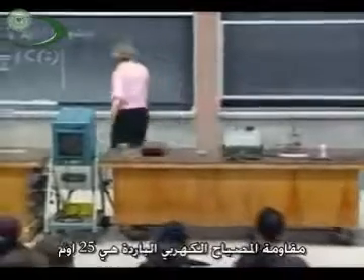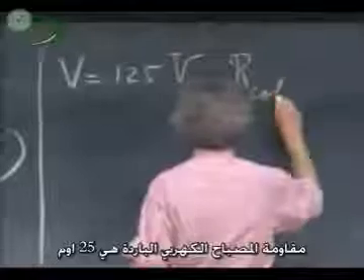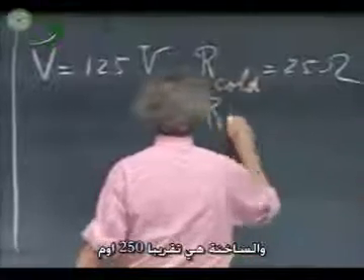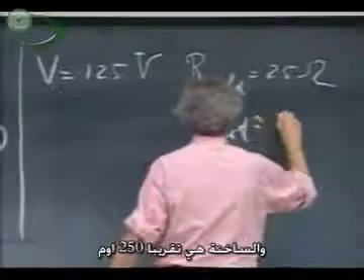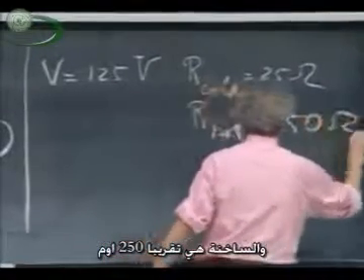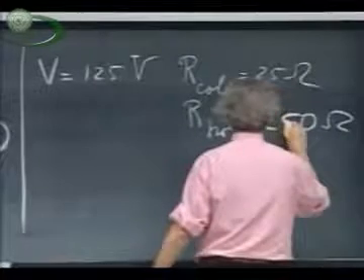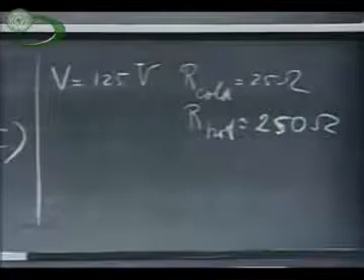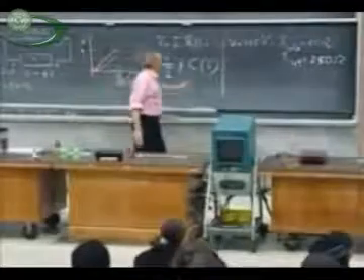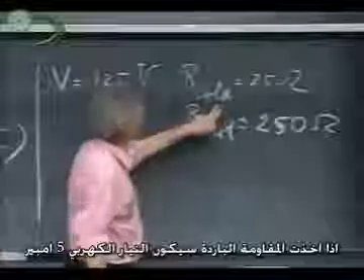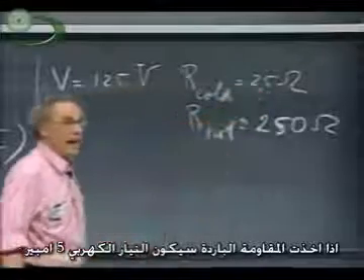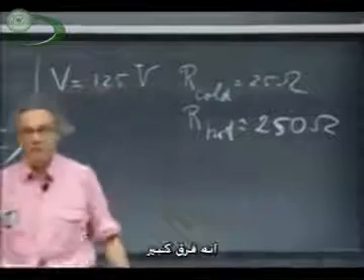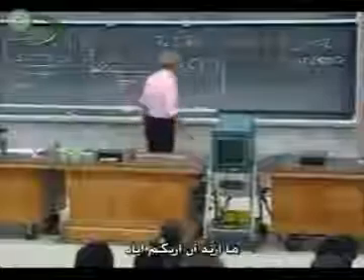The resistance of the light bulb, cold, I believe, is 25 ohms, and hot is about 250 ohms. A huge difference. So if I take the cold resistance, then I would get 5 amperes, but by the time the bulb is hot, I would only get half an ampere. It's a huge difference.